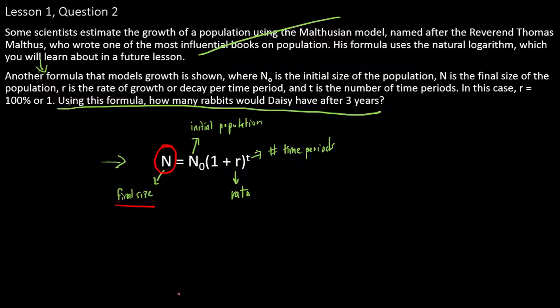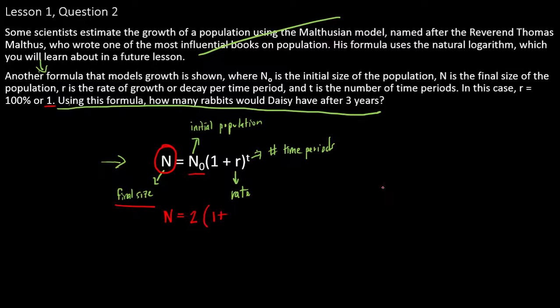We're able to set up the rest. So I know that n will equal n sub 0, the initial size of the population. So how many rabbits did she start with again? Well, 2, right? She purchased a couple. So 2. It tells us straight out that r is equal to 1. And this is because the population is doubling, which means it's growing by 100%.